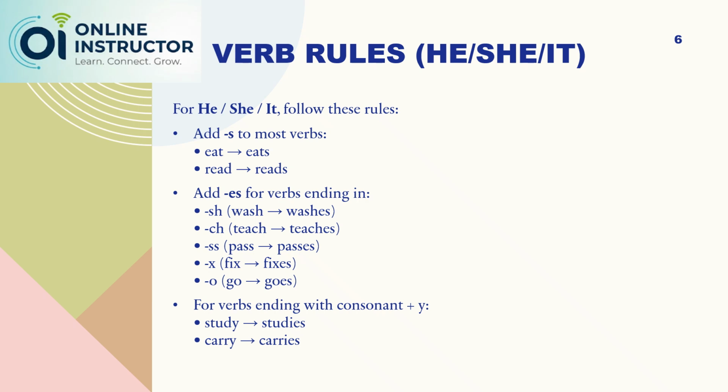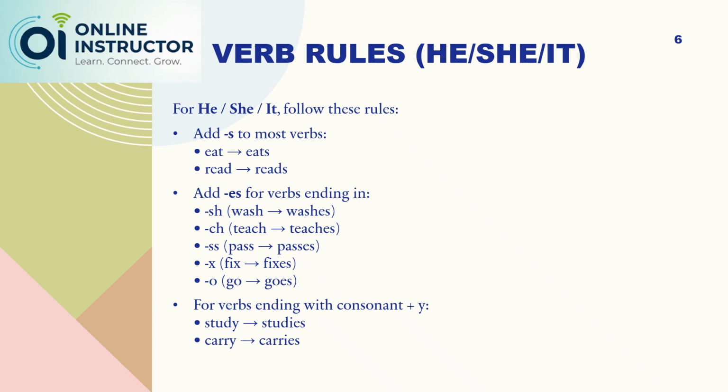And the rule number 3 is verbs ending with consonant y. Change y to i and add es. If a verb ends with a consonant y, we must change the y to i and then add es. Why?